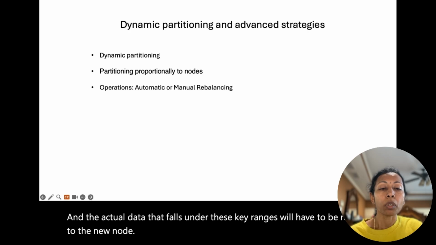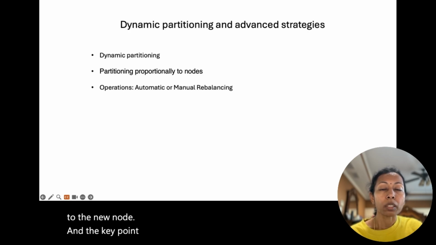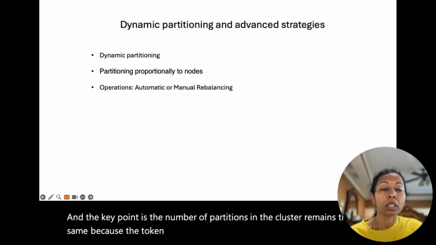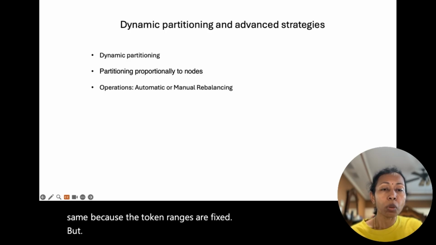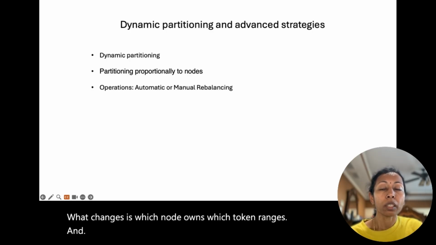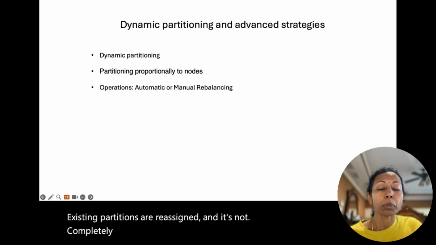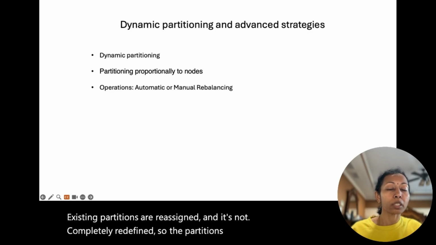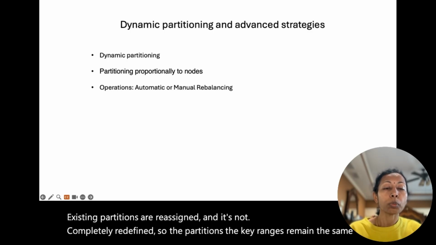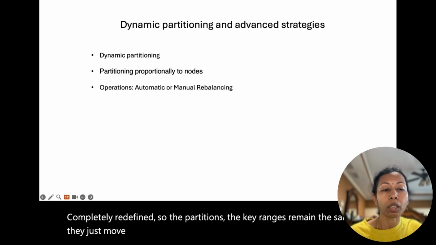And the key point is the number of partitions in the cluster remains the same because the token ranges are fixed. But what changes is which node owns which token ranges. And existing partitions are reassigned and it's not completely redefined. So the partitions, the key ranges remain the same, they just move between nodes.